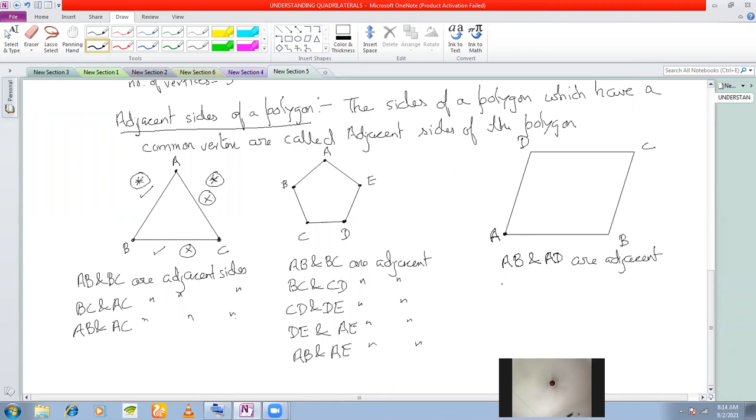Next, AB and BC are adjacent, because they have the vertex B in common. Next, BC and DC are adjacent, because they have the vertex C in common. And what else? AD and DC are adjacent, because they have the vertex D in common.